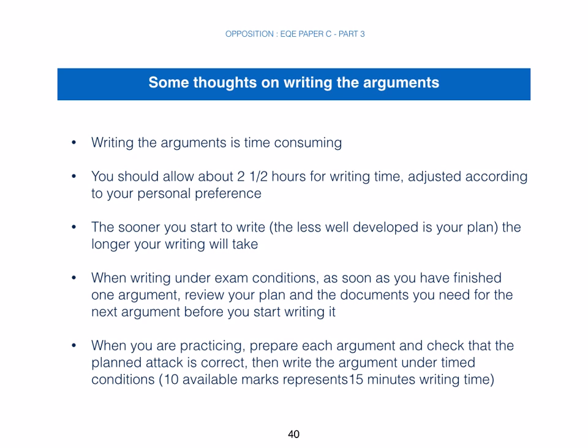Then write the argument under time conditions. 10 available marks represents 15 minutes writing time. It's best to practice writing correct answers, which is practicing to pass the exam, than to practice writing poor answers, which is practicing how to fail the exam.